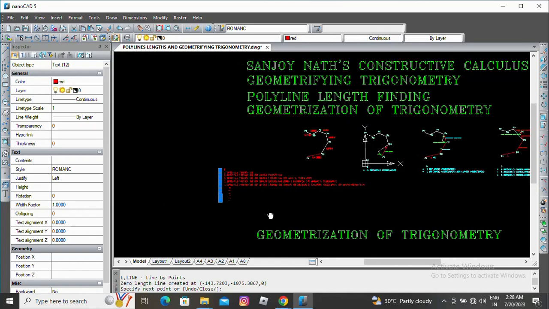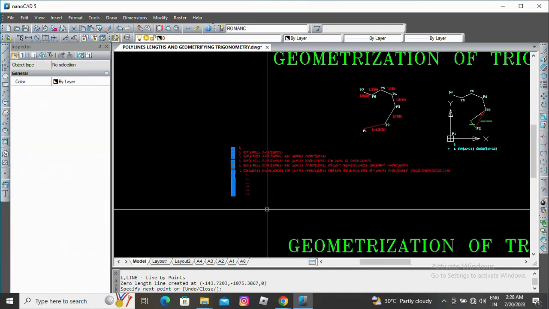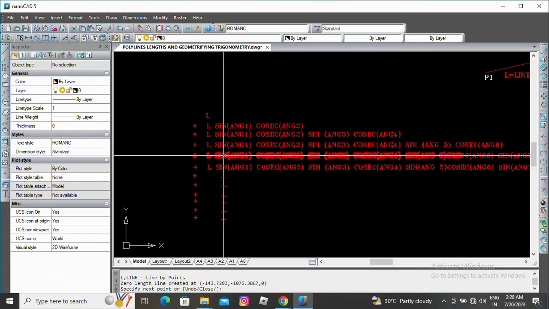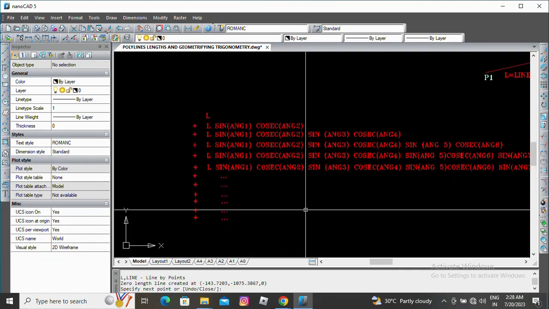All of these kinds of polylines are easily representable without ambiguity with these formulations, where cos has 4 varieties A, B, C, D. In our previous videos we have already shown this, and sine has the 4 varieties E, F, G, H.